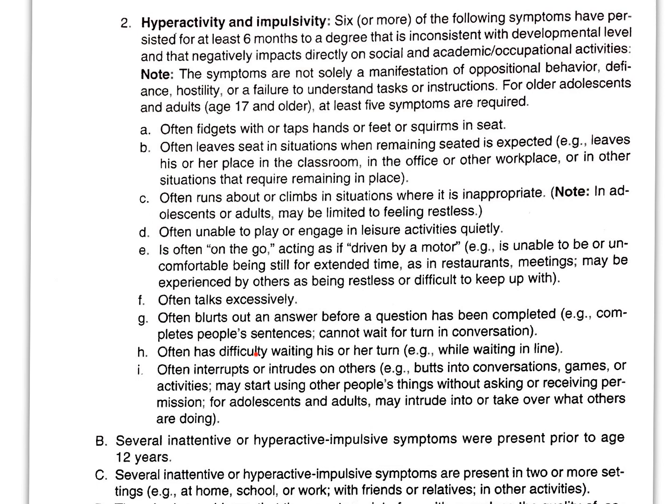H, often has difficulty waiting for his or her turn. I, often interrupts or intrudes on others, butts into conversations, games, activities, starts to use other people's things without asking, may intrude into or take over what others are doing. So points G, H, and I are more focused on the symptoms of impulsivity.